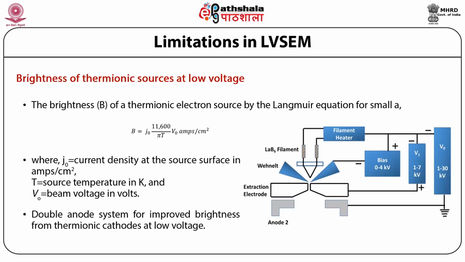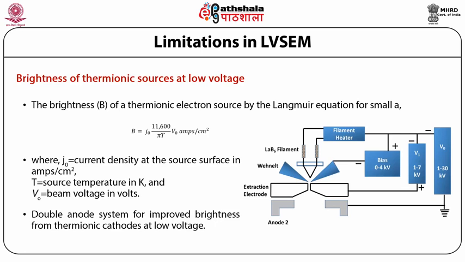Such space charge shields the cathode from the accelerating field and further reduces the brightness B. For a specific gun geometry, the gun is free of space charge only at the highest operating voltage, that is around 20 to 30 kilovolt. The field present at the filament surface is proportionately less at 1 kilovolt, and the gun brightness is limited by the space charge unless the geometry is changed.